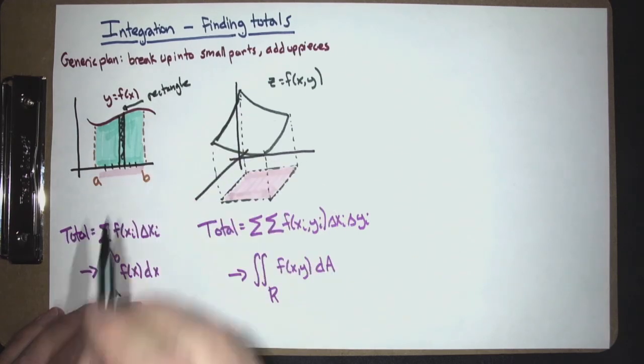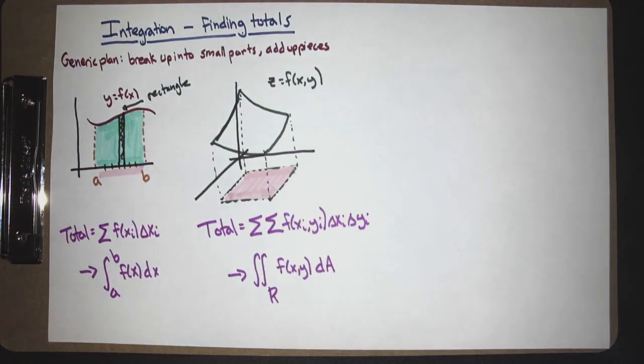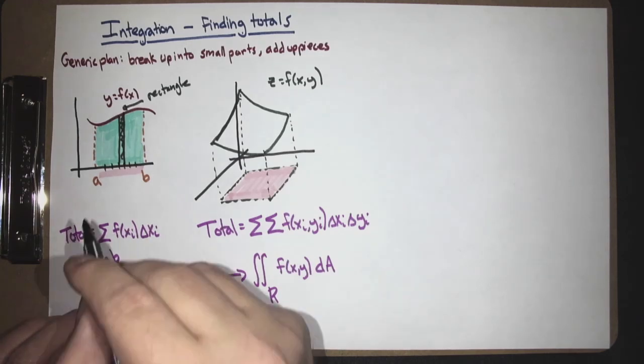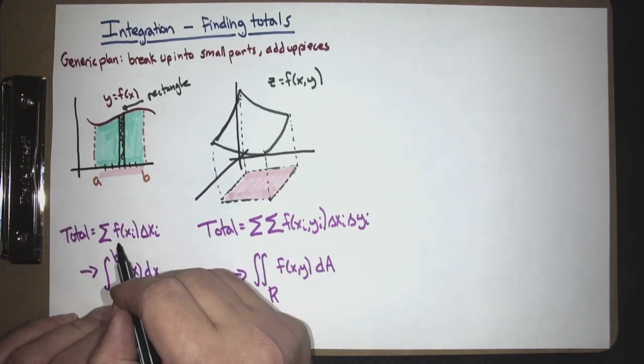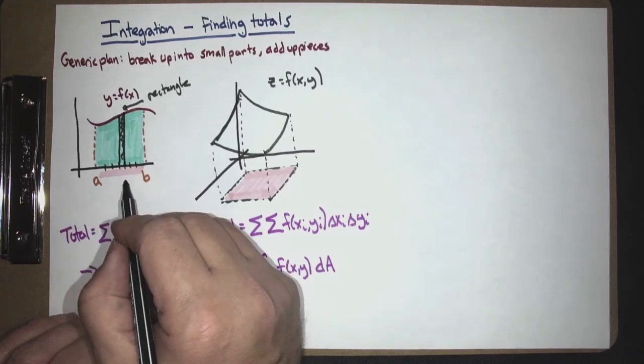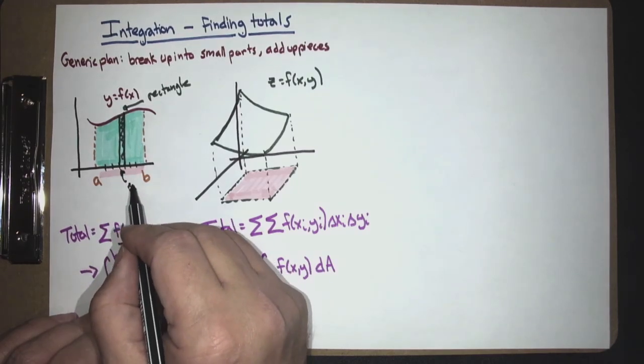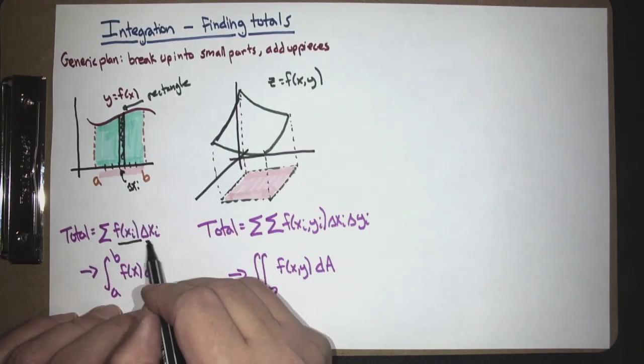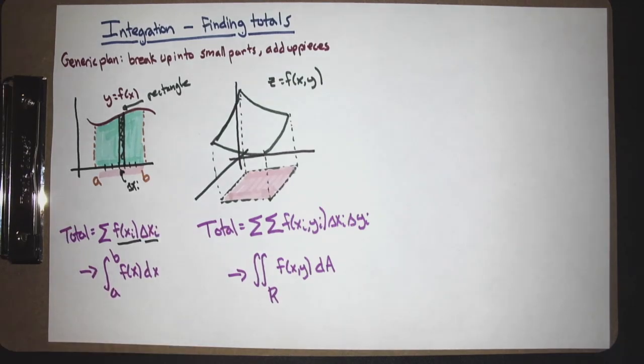It's not exactly a rectangle because the top is not exactly flat. But it's rectangle-ish. So we have the height of the rectangle, that's our f of x_i, and the delta x_i, that's capturing the small change in x, that's our width. Height times width, that's our area. And we're adding them up.